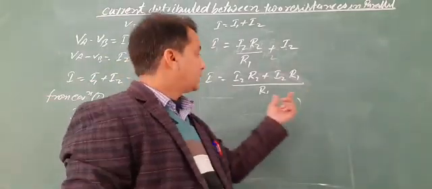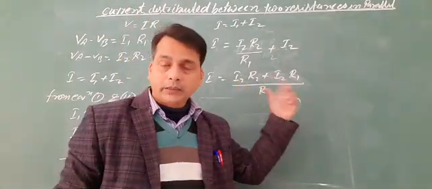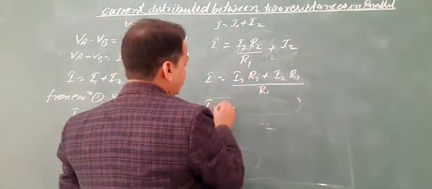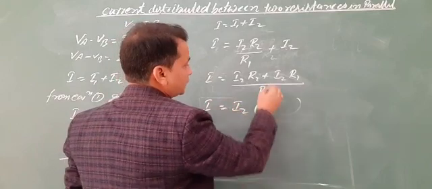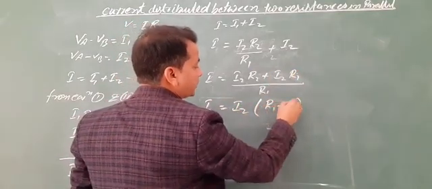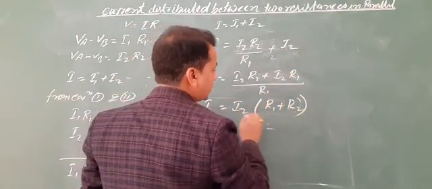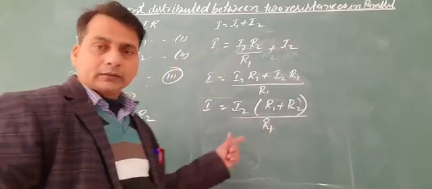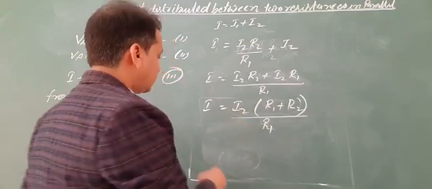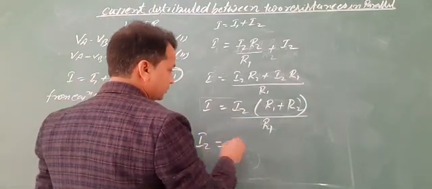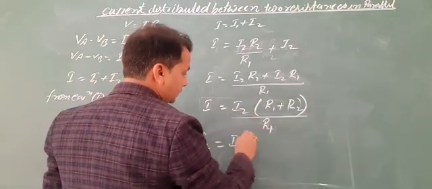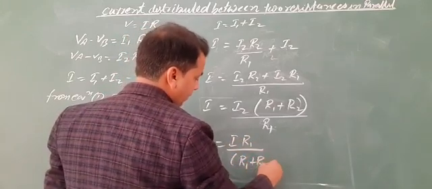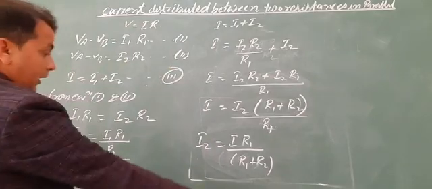Then the current I2 in each term is the same. So I equals I2 times R1 plus R2 by R1. Then current I2 equals I R1 by R1 plus R2.